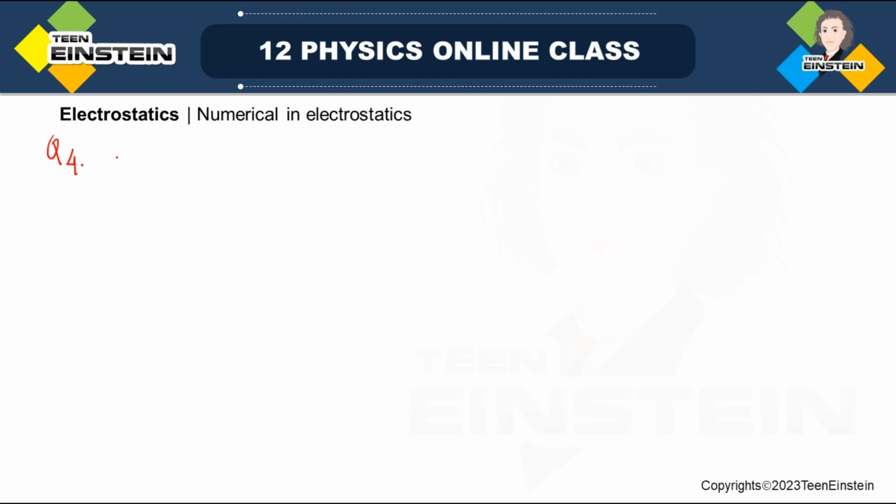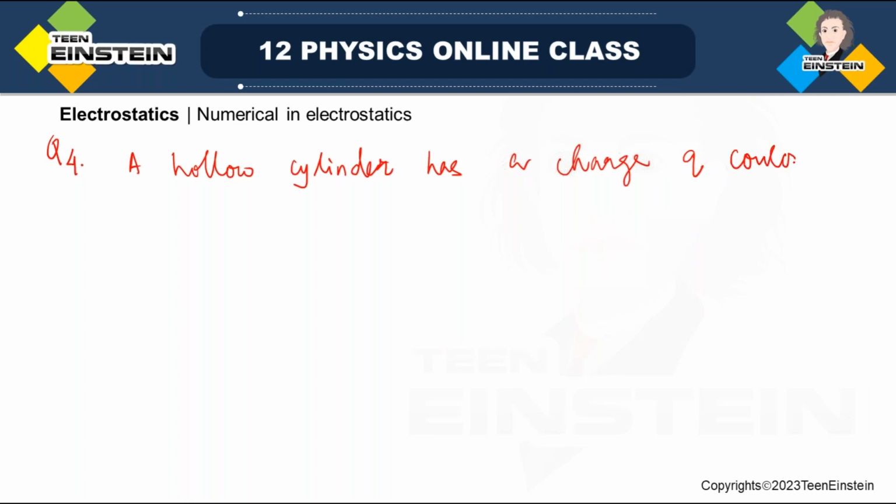Let us solve this problem. A hollow cylinder has a charge q coulomb within it.